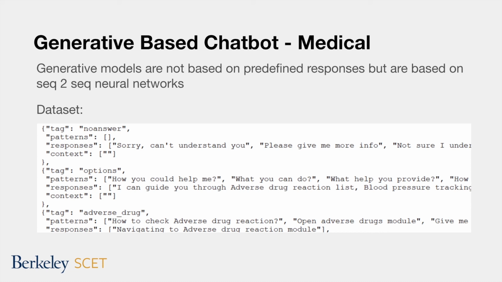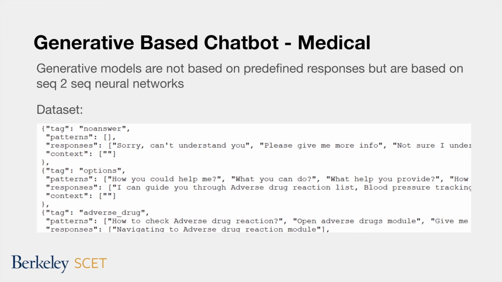The data set that we're working with has 4 parameters: tag, patterns, responses, and context. The tag is just what the patterns and responses fall under. So for example, no answer: the pattern, which is what the user would type into the chatbot, would literally be no answer. And then the responses, which is what the chatbot would send back to the user, is sorry, I can't understand you, and whatnot.